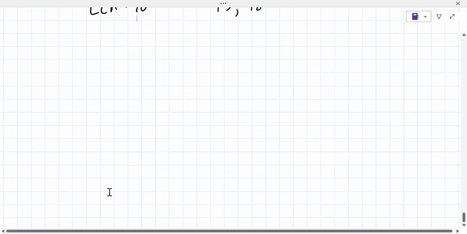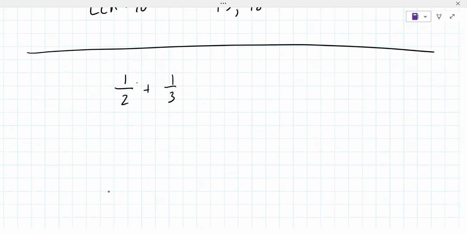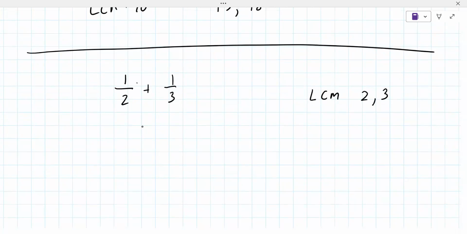So here's where we're going with some of this. Let's say I wanted you to add the fractions 1/2 plus 1/3. To do this, you have to first find the LCM of 2 and 3. This one's a pretty trivial example because you just end up multiplying them, but it won't always be that way. So the LCM here is 6.